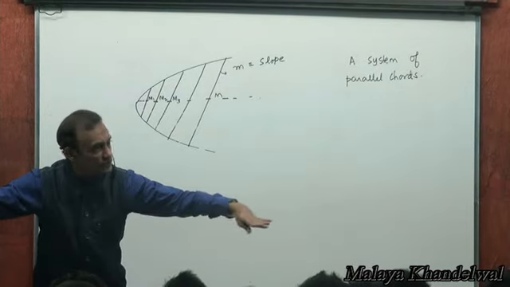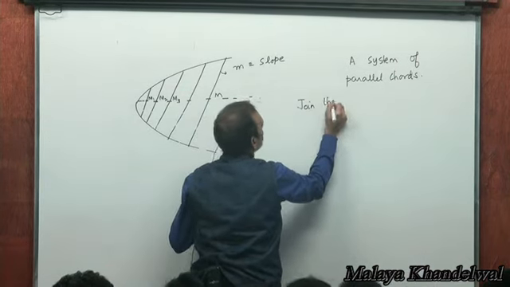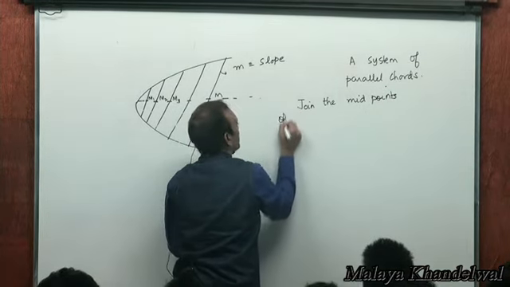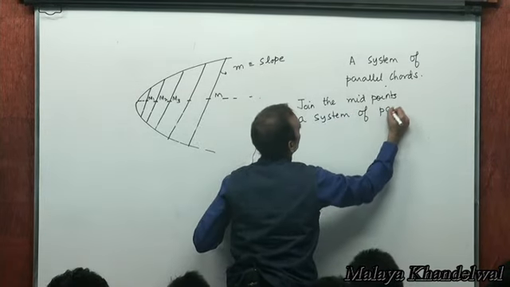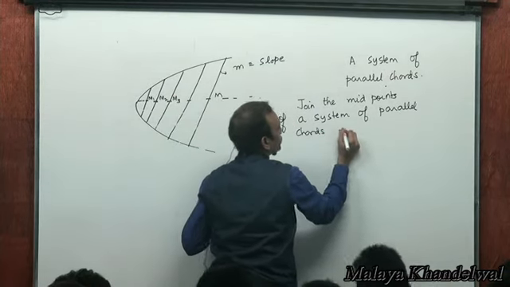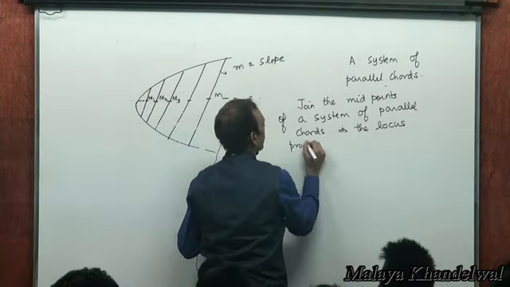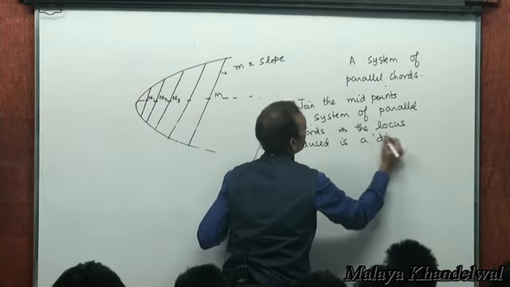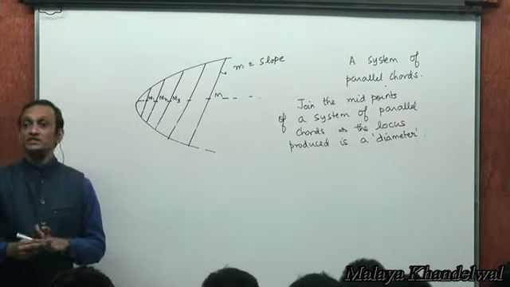If I join the midpoints of a system of parallel chords, the locus produced is a diameter of the conic.